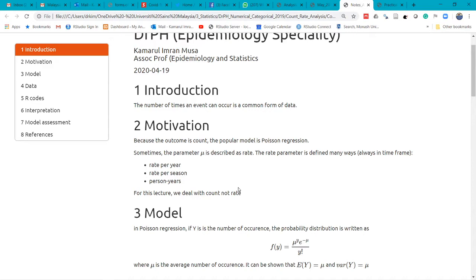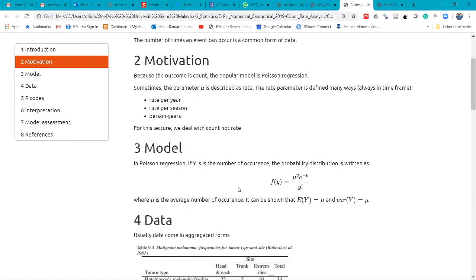Sometimes the count is modeled as rate, but that one we will cover in the next lecture. So this one we will deal with only count.